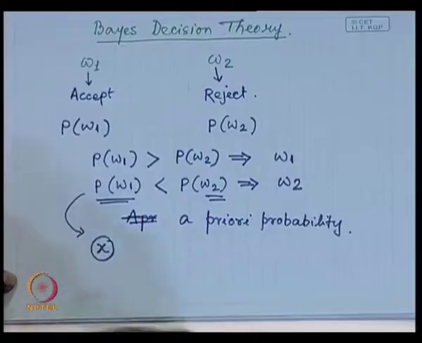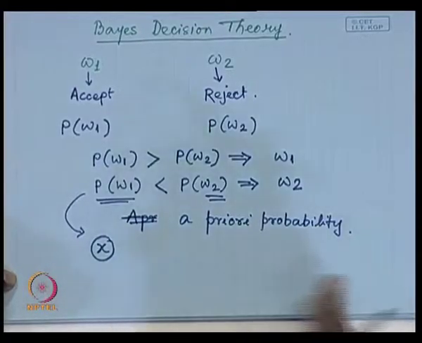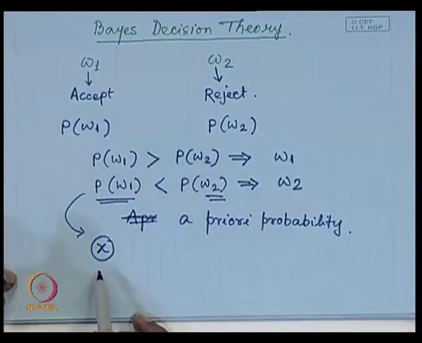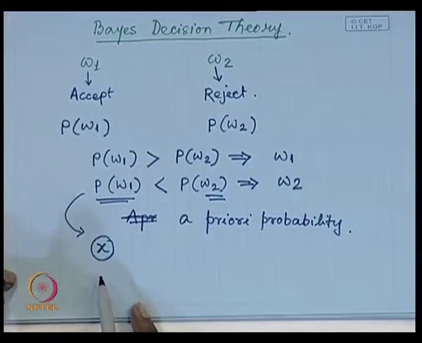I can have different sorts of measure for this, and suppose it is measurable. Then that becomes my observation, represented by this feature x, where x can have various values. Along with the a priori probabilities, I will also make use of this observation x to decide whether the object should belong to class omega 1 or class omega 2.